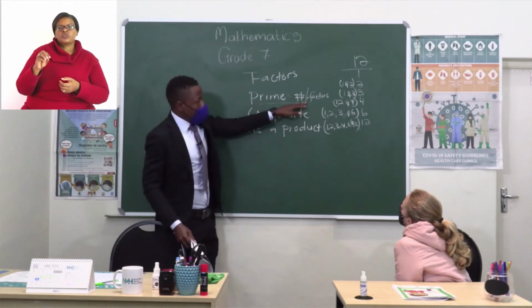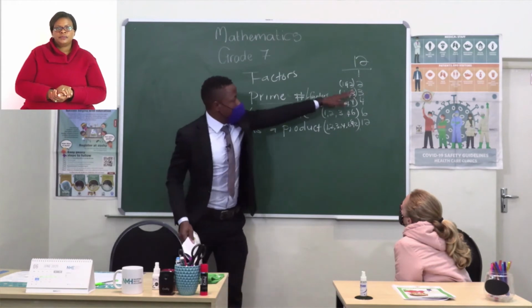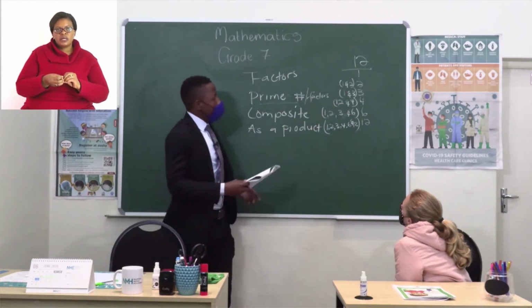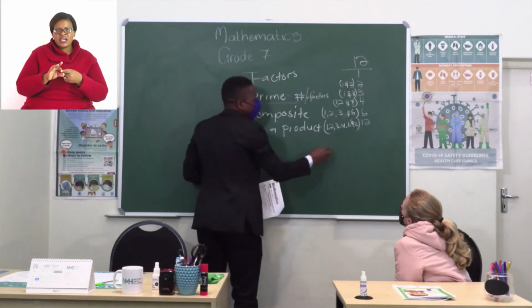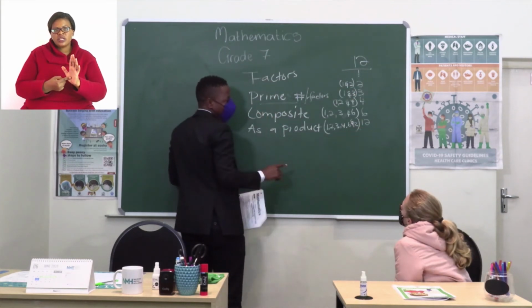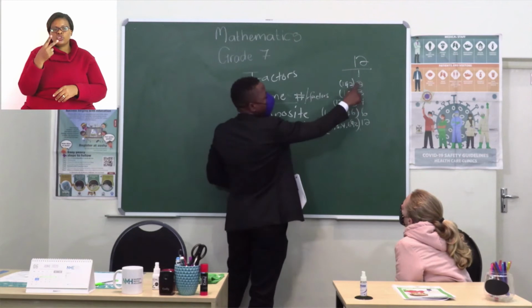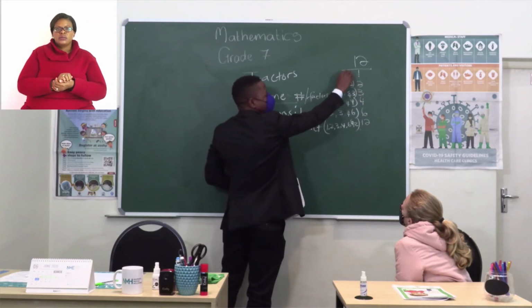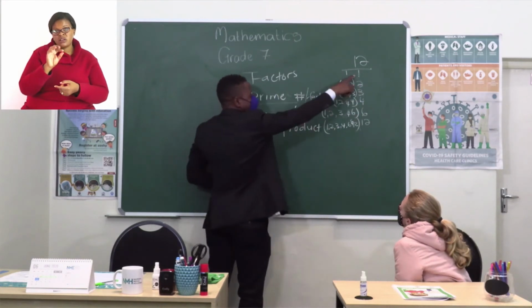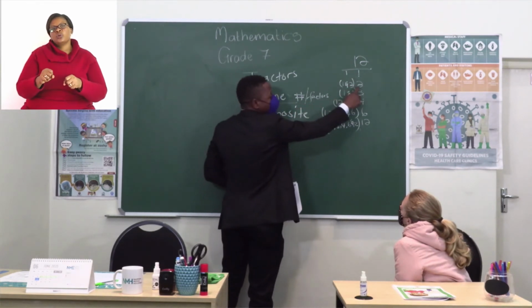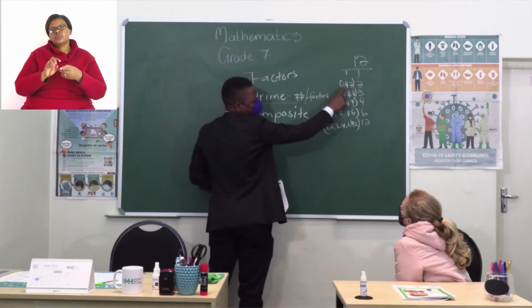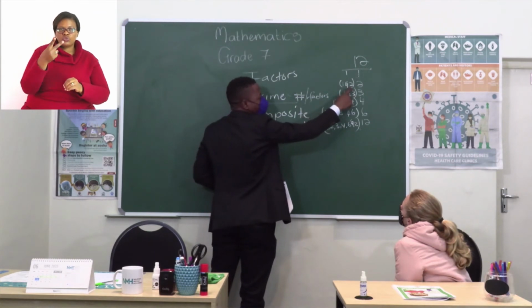A prime number, in this case we say a prime factor, is any factor listed down here which is only having two factors. 1 has got only one factor, so 1 is not a prime factor. 2 has two factors, which is 1 and 2.